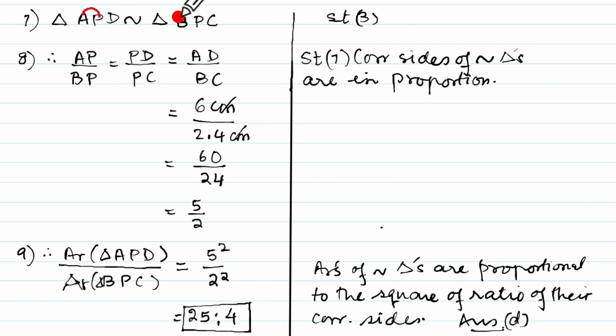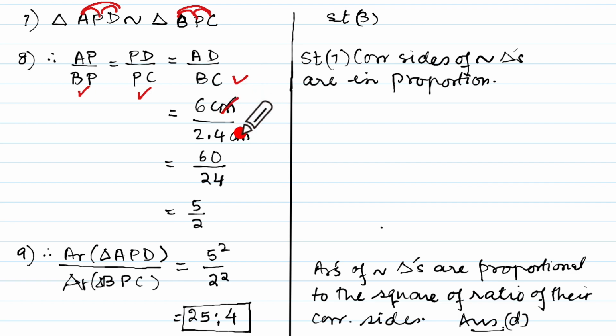So AP upon BP, that is this, equal to PD upon PC, that is this, equal to AD upon BC, that is this. But AD upon BC, the values are already given, 6 centimeters and 2.4 centimeters.